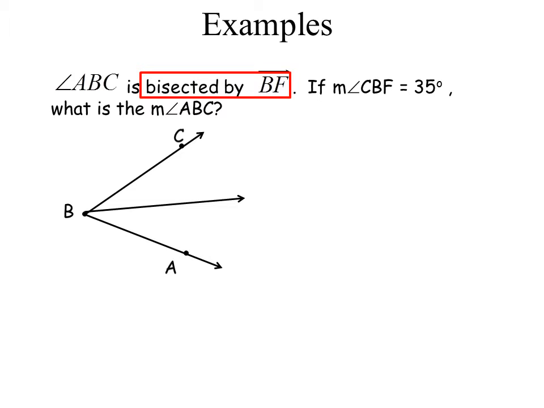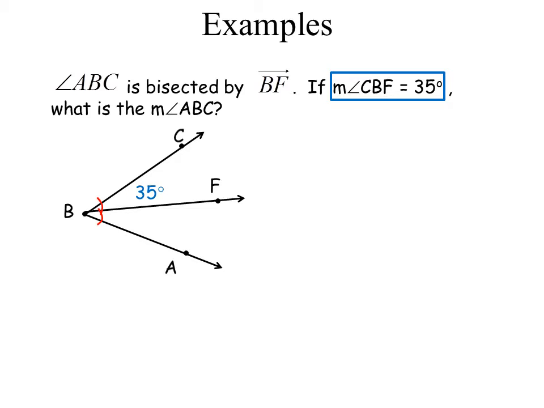Also a good idea to draw in any symbols that we know have to be true. So I know if it's bisected, I know that these two angles have to be congruent to each other. It says if the measurement of CBF is 35 degrees, well, let's find CBF and mark it as 35 degrees.